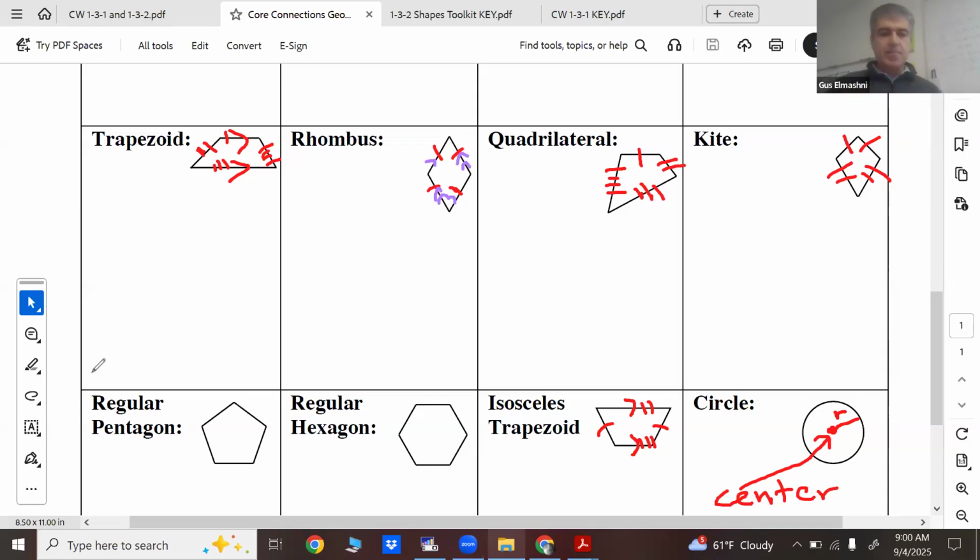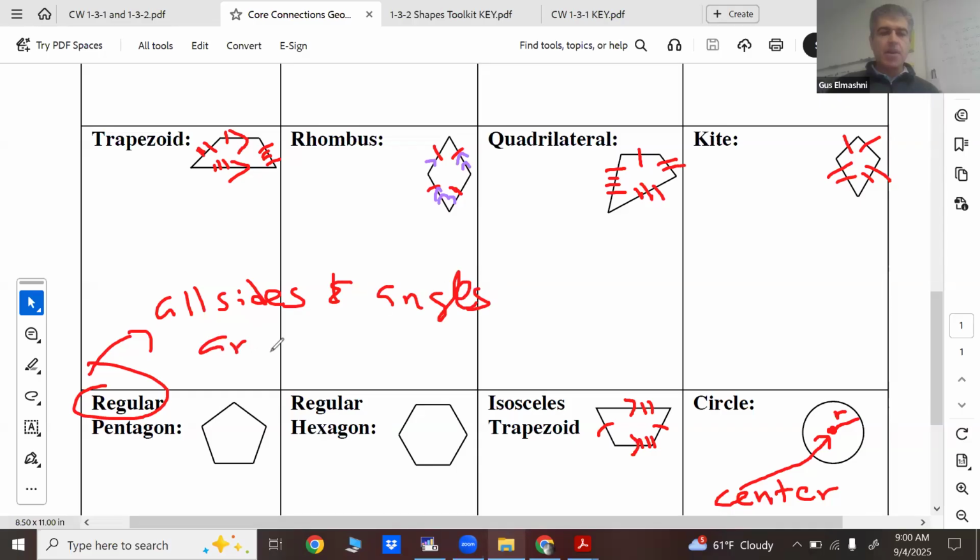Regular always means all sides and angles are the same. Okay, all sides and angles are the same.